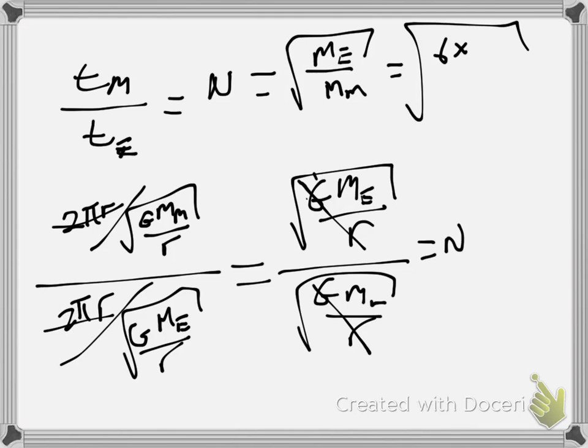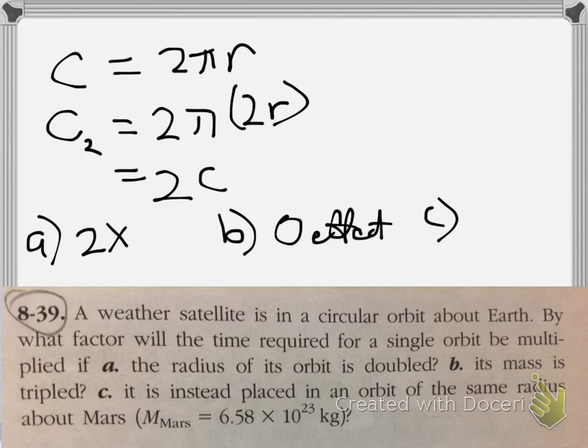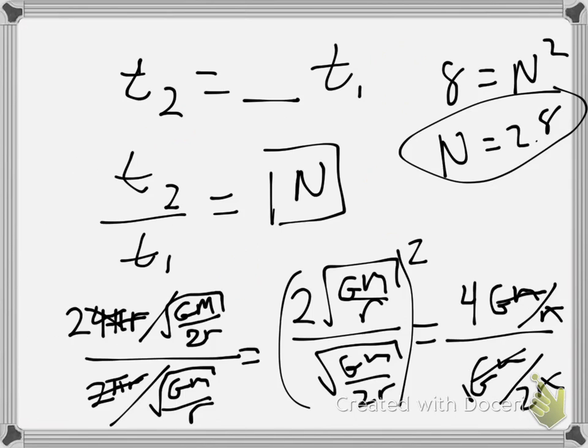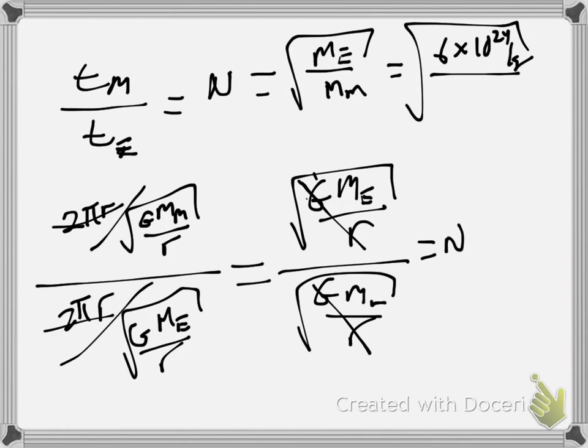Oh my gosh, I did it again. 6 times 10 to the 24 kilograms. And they told us Mars was 6.6 times 10 to the 23rd. So basically it's 60 divided by 6.6, which is around 9. So this is going to be around 3, right? Yes.